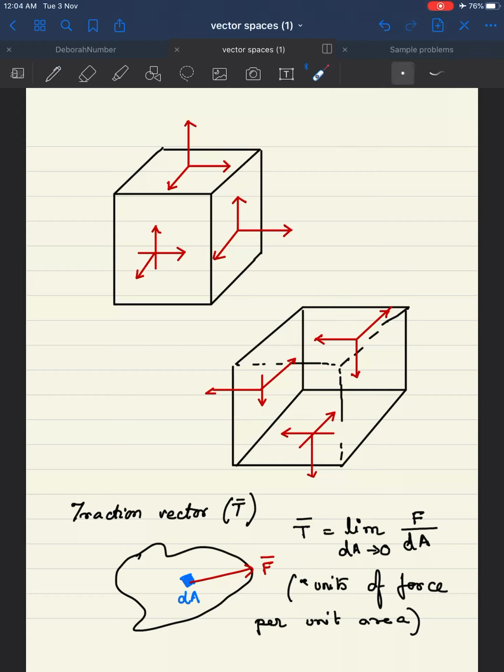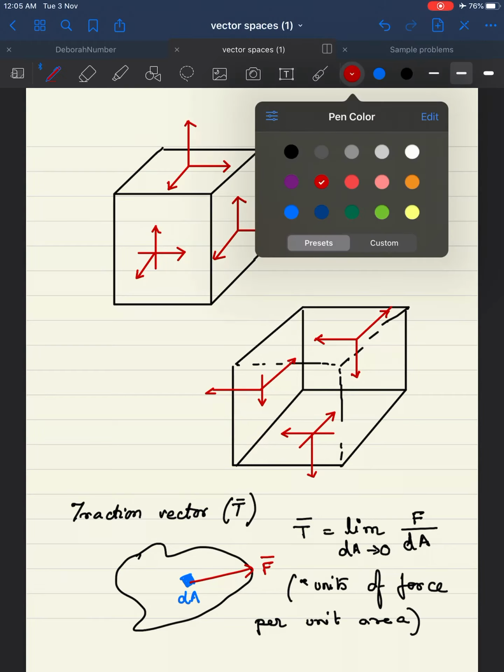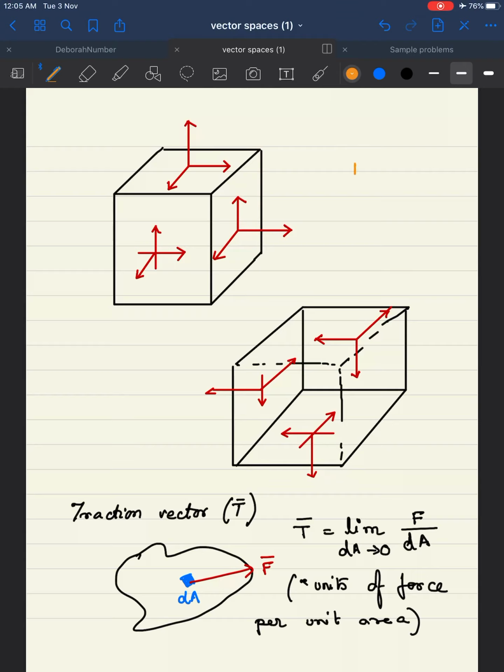And when we were trying to do this, we realized that if you make an infinitesimal cube, then you will have traction vectors on face 1, face 2 and face 3. This was where we had said that this is direction 1, direction 2 and direction 3, and the directions have been taken so that the right hand rule is satisfied.